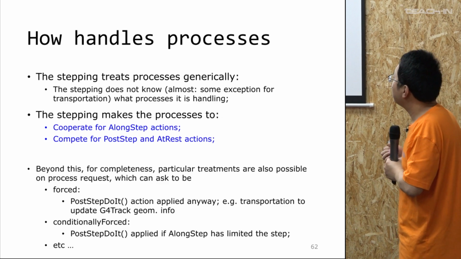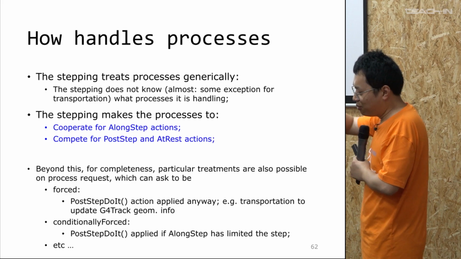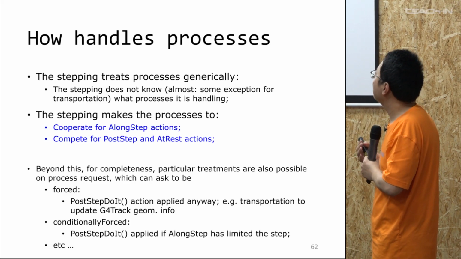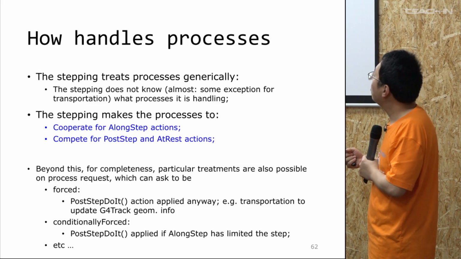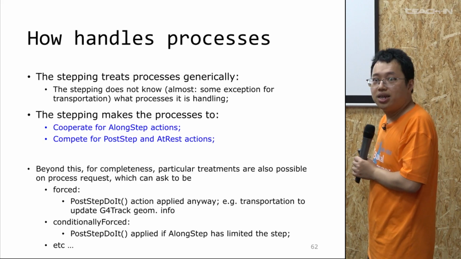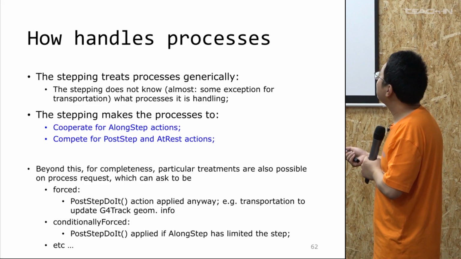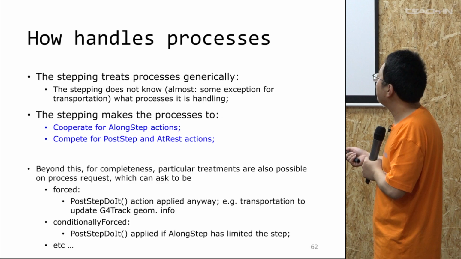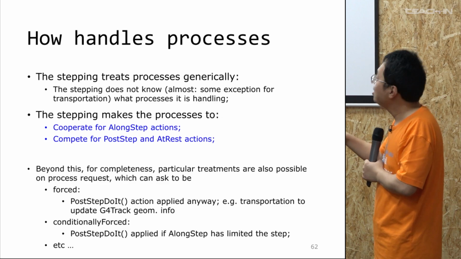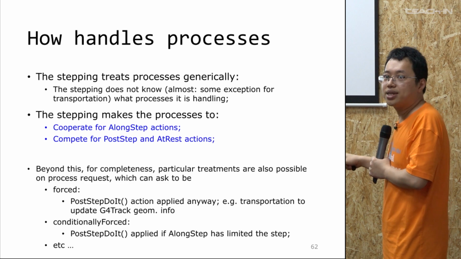Okay, so then let me talk about how these processes work, because we have multiple processes related to one particle. This is called stepping. Stepping helps you invoke all these predefined processes.